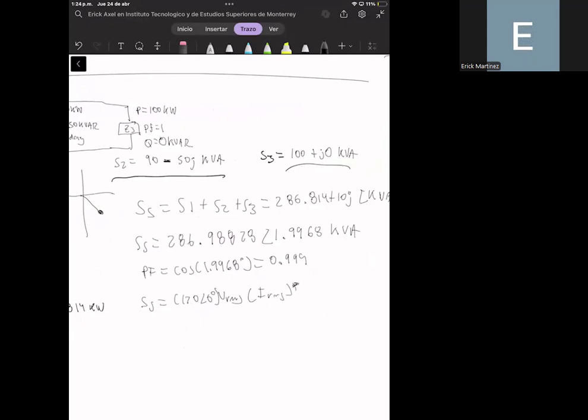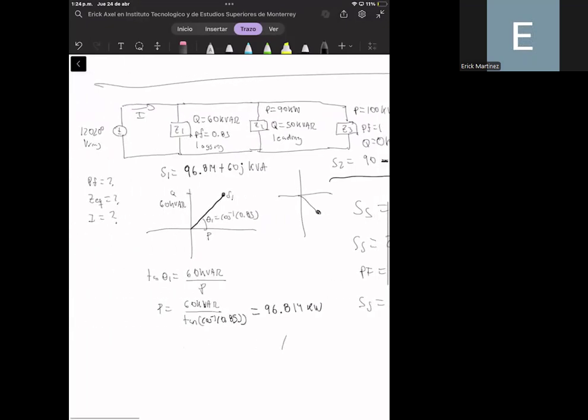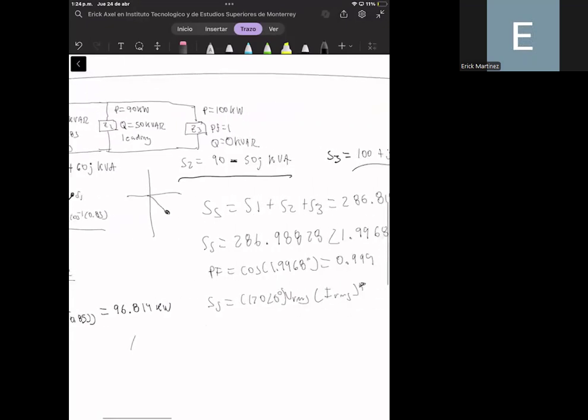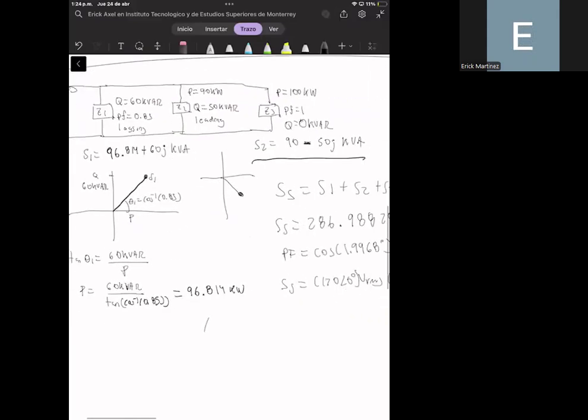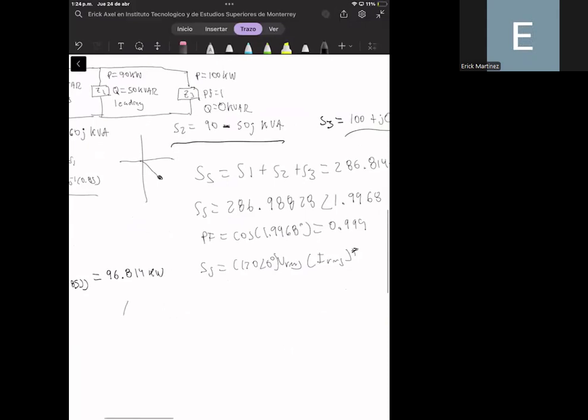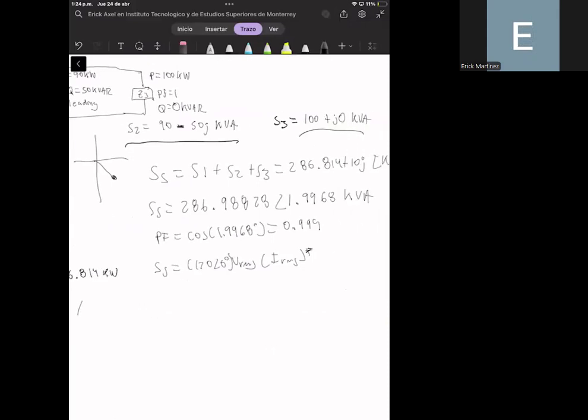So we can know what is the current that the source is providing if we consider the complex power of the source. We can use this relationship to substitute the complex power of the source. We know the voltage of the source and we can compute the current of the source.